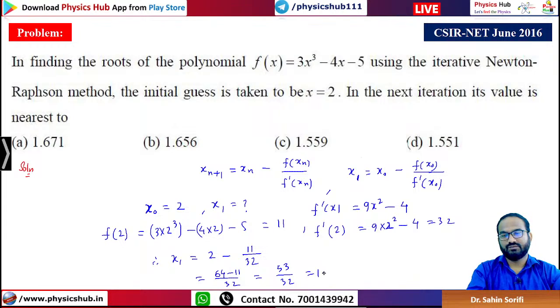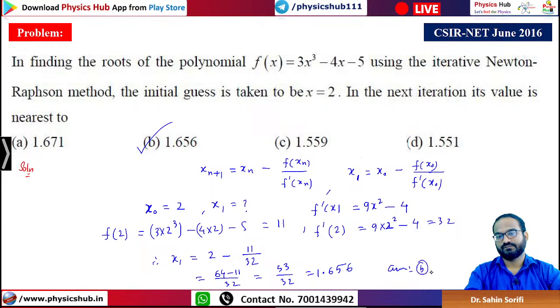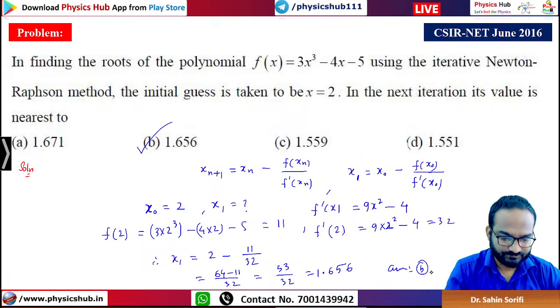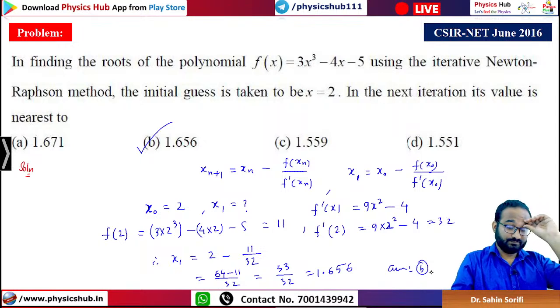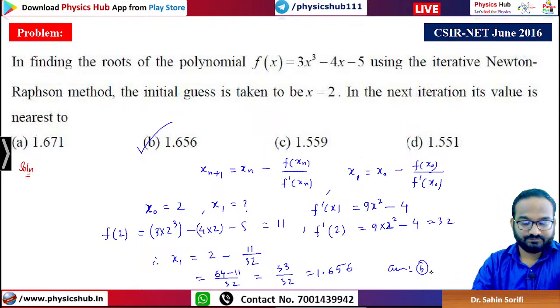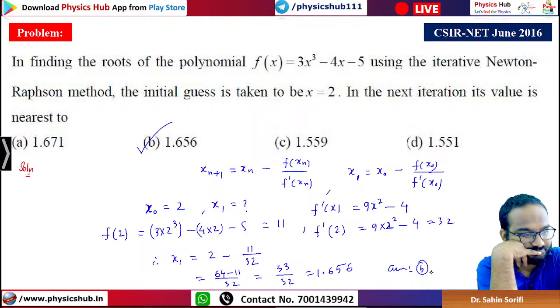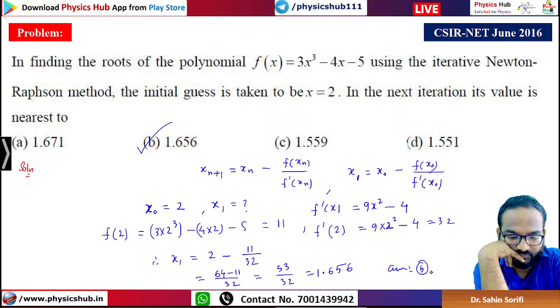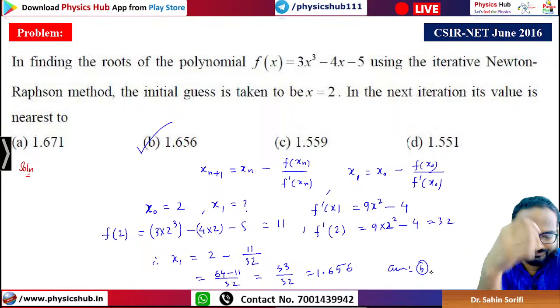So this will come around 1.65. Option B. Clear?